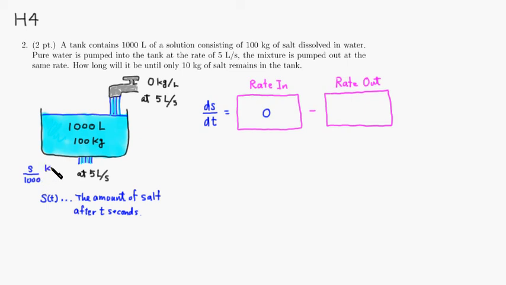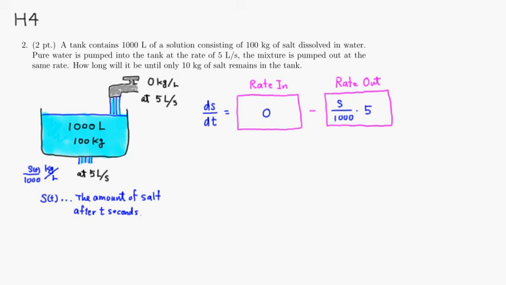This is the concentration at time t, S of t, at 5 liters per second. So this is going to be S over 1,000 times the rate, which is 5 liters per second, so multiply by 5.